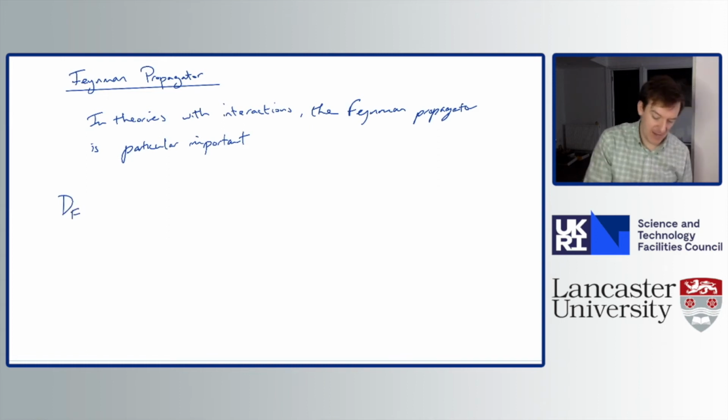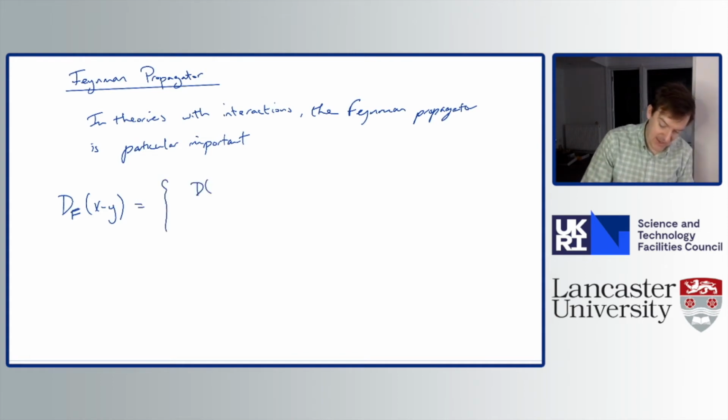The Feynman propagator is often written with the symbol D_F, F for Feynman. It's a function of x minus y as before, and it's defined in the following way. Okay, so we define it as D(x minus y), which remember I said you can think of as the amplitude that we start at y and we go to x.